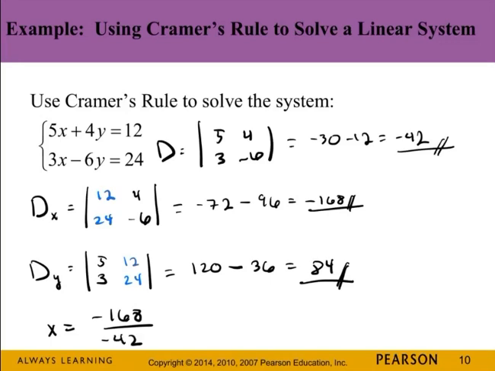Is that a 4? X should be 4. And then y is going to be 84 divided by that -42, -2. All right? So our claim is that the solution to the system is going to be 4, -2.